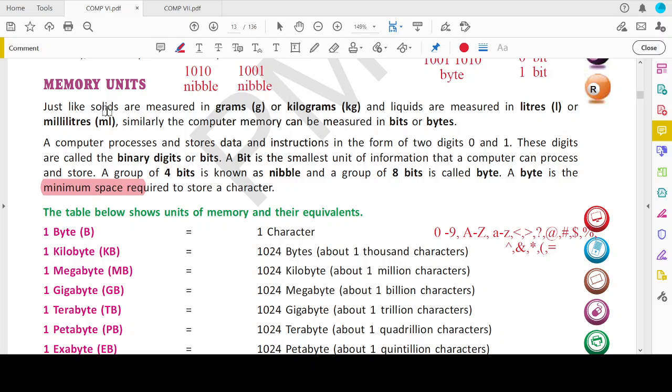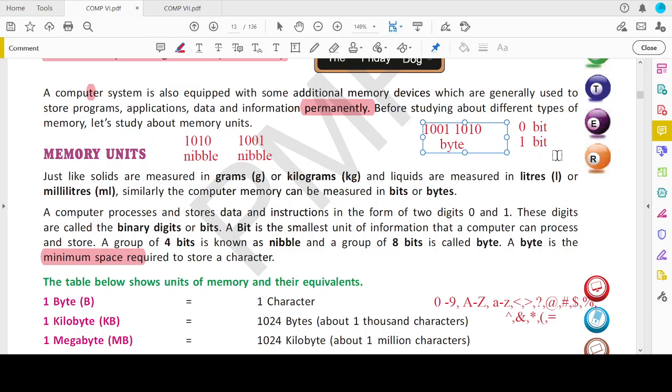Just like solids are measured in grams or kilograms, liquids are measured in liters or milliliters, computer memory is measured in bits or bytes. Now what is a bit? A 0 or a 1 is a bit. If you write a 0, it's a bit.